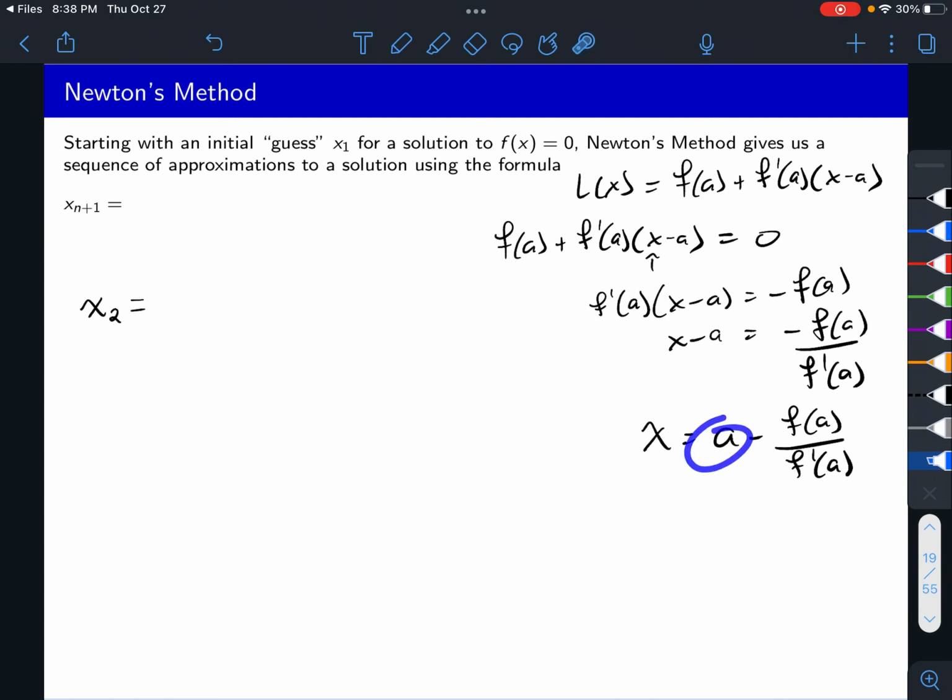We would think of x1, our first guess, as being our a value, and x2 as being the place where we're going to cross the x-axis. That's the thing that we're solving for. So x2 would be our original guess, x1, minus f of x1 over f prime of x1.